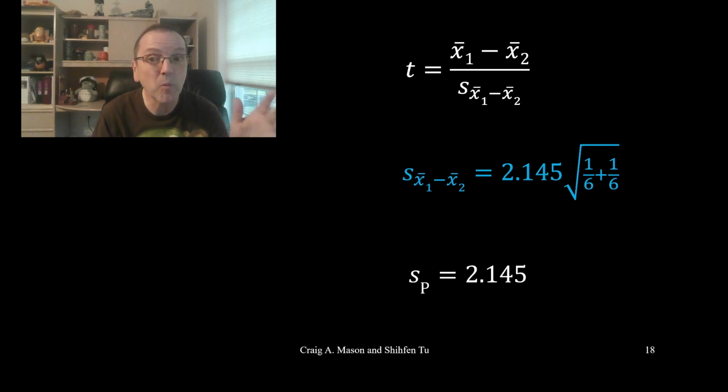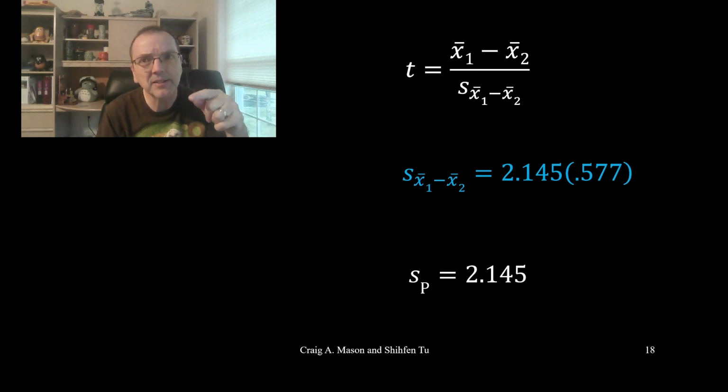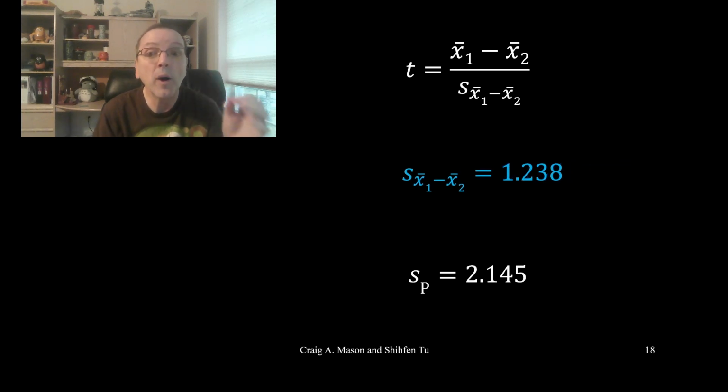That's the square root of 1 over 6 plus 1 over 6. Well, 1 over 6 plus 1 over 6 is 1/3, or 0.333. So the square root of 0.333 is 0.577. If we multiply 2.145 times 0.577, we get 1.238. That's our standard error of the difference in means.